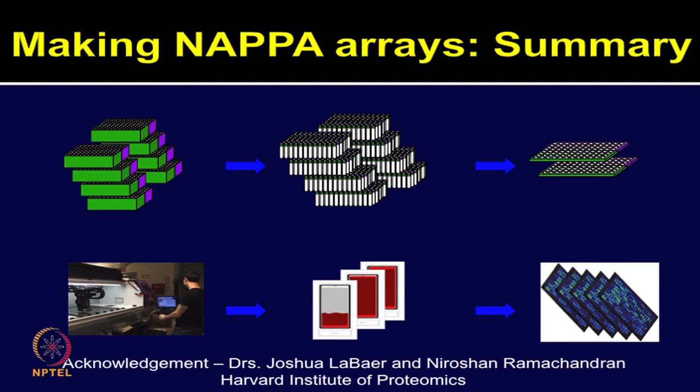The purified plasmids along with master mix can be used for spotting on the arrays. Now, these can be used on the microarrayer which can do the printing. Once printed, these slides can be stored at the room temperature. Once you have performed all quality control checks, these arrays can be used for different types of biological applications. This concludes our discussion on detailed workflow of constructing NAPPA protein arrays.